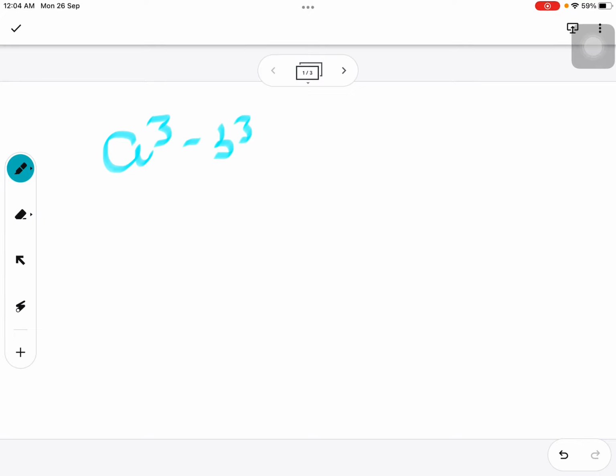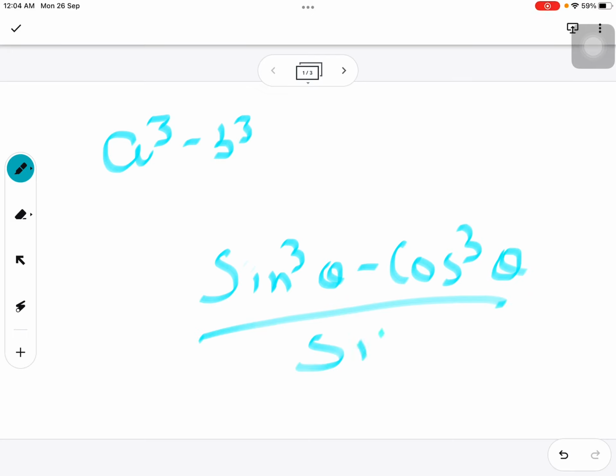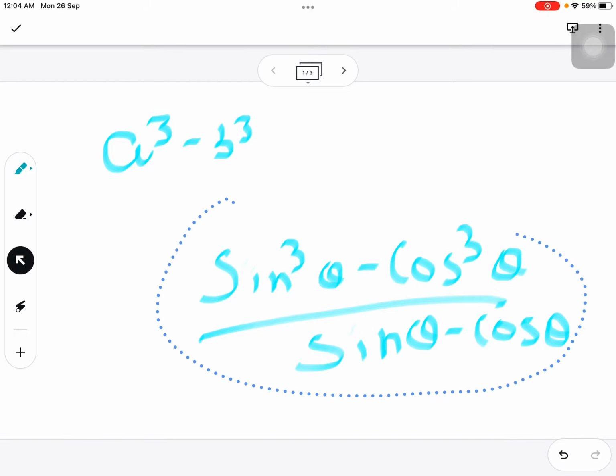Okay, many times in integration you have sine cube theta minus cos cube theta, which you have to integrate, divided by sine theta minus cos theta. People who have studied higher calculus will know these kinds of formulae. So at that time you can expand this and cancel out. It will be useful for these kinds of scenarios. That's the reason I'm showing it.